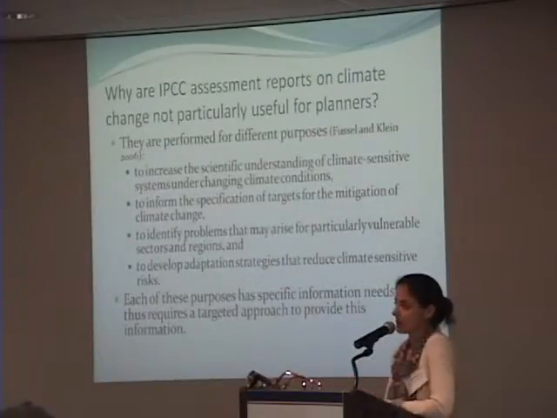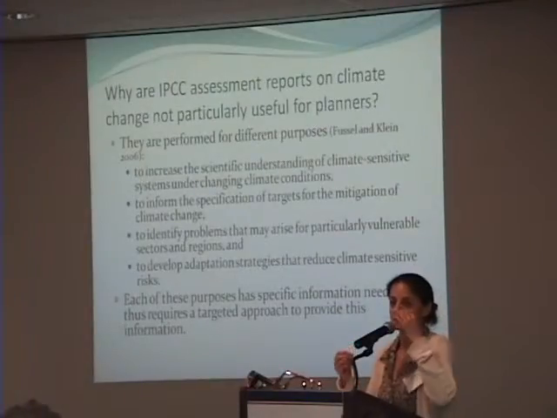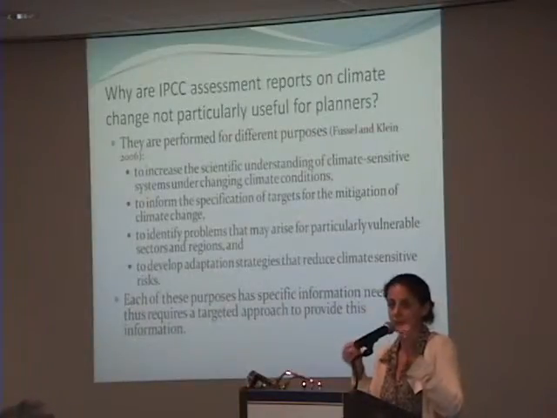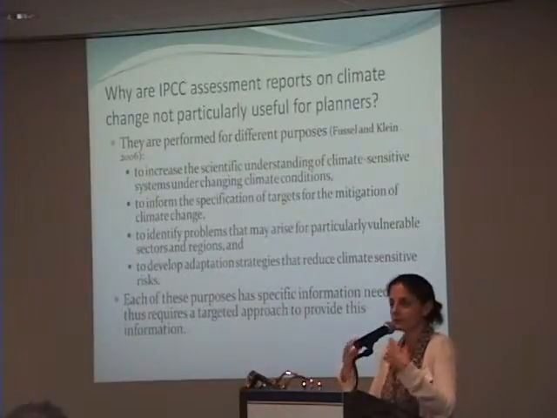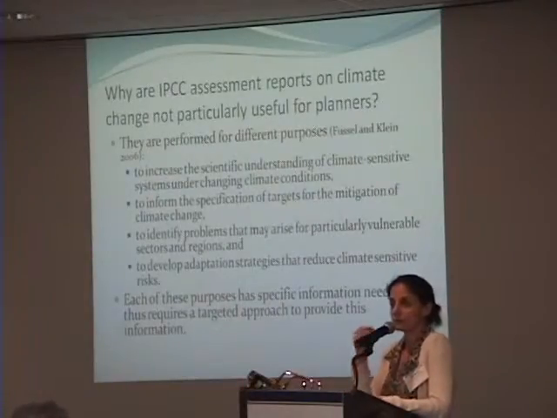Some of the problems associated with having this information at the global level are that those research projects have been designed for different purposes. Some of those purposes are, for example, to improve our scientific understanding of what climate change is about, and we already heard a lot about this.